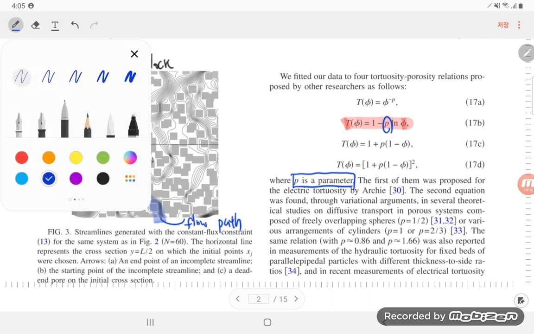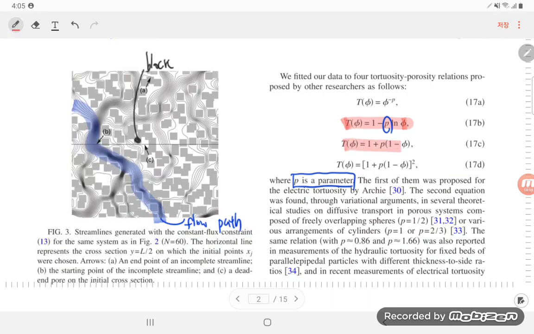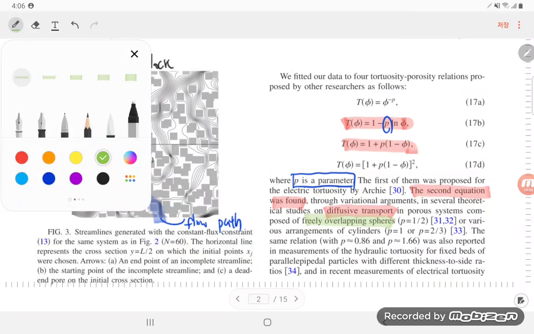And also we can use the other equation in this form. The second equation was found through variational argument in several theoretical studies on diffusive transport in porous systems composed of freely overlapping spheres.